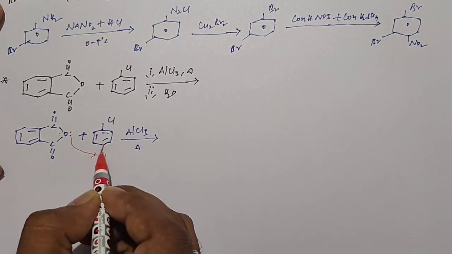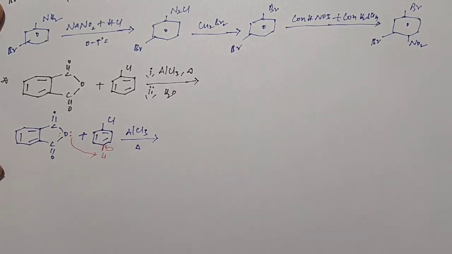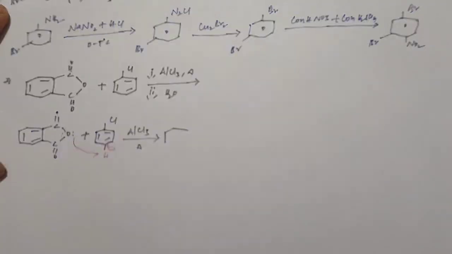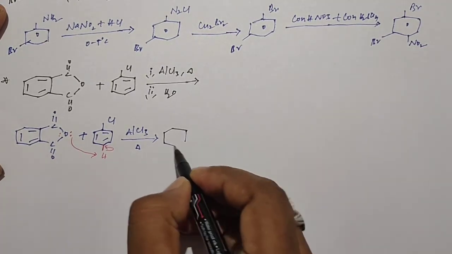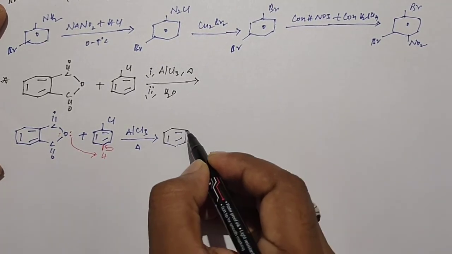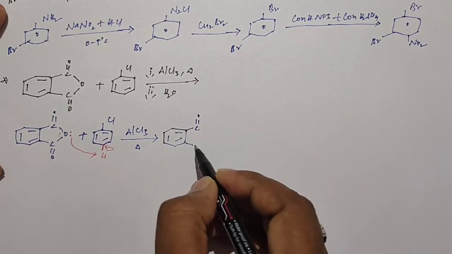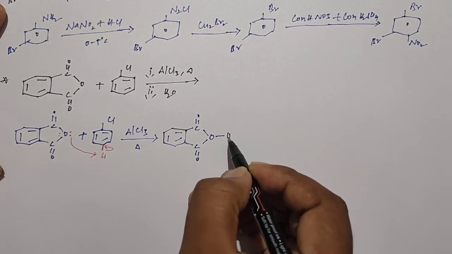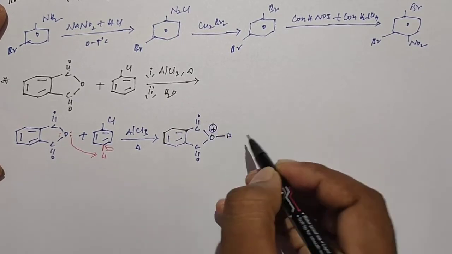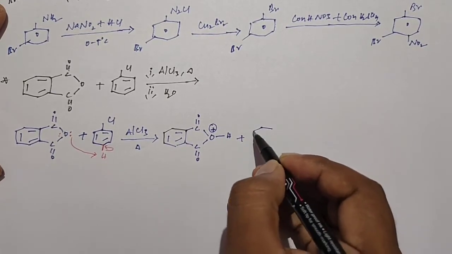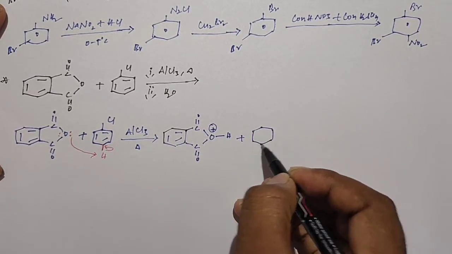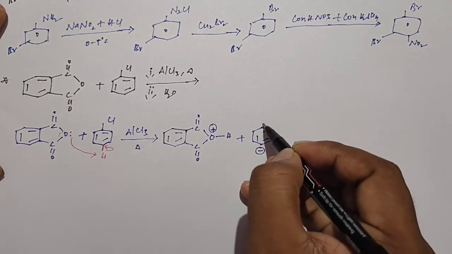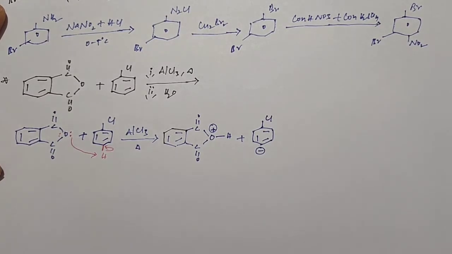At that time these sigma electrons shift towards the carbon. Then we get the product like this.